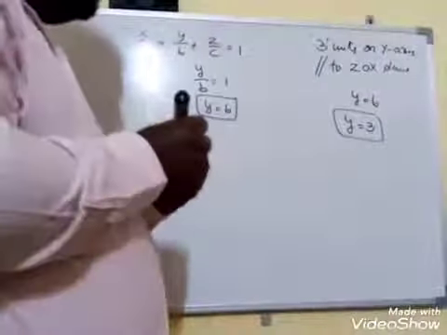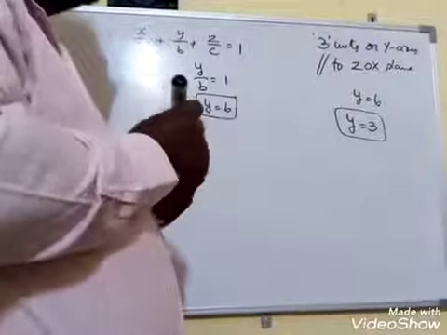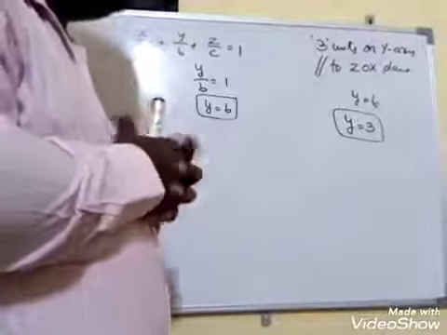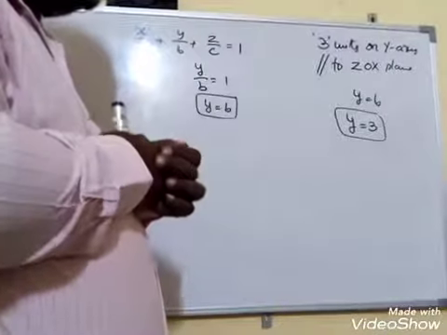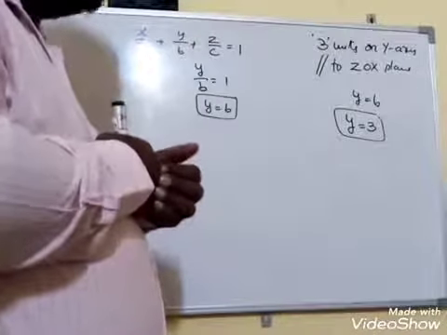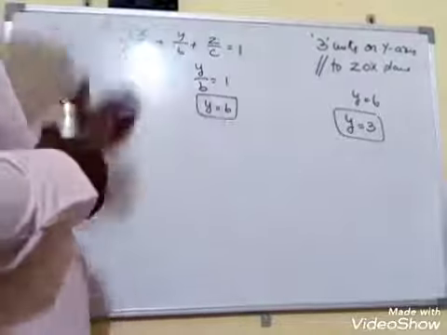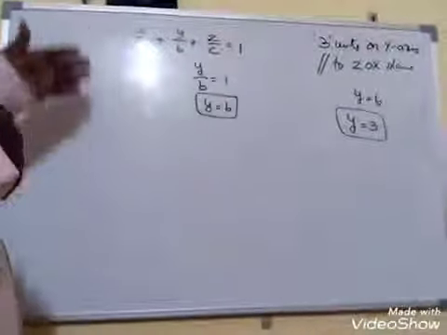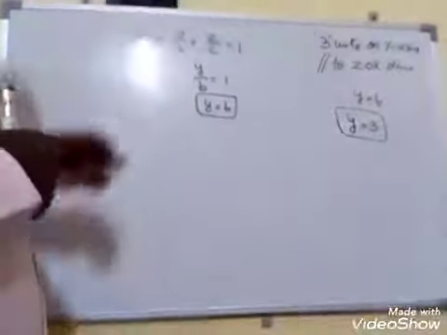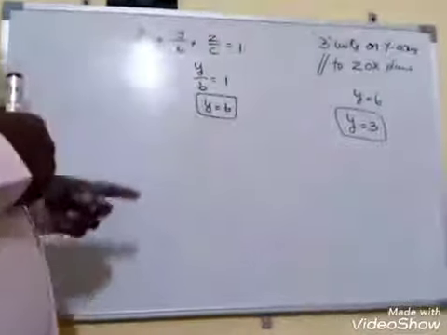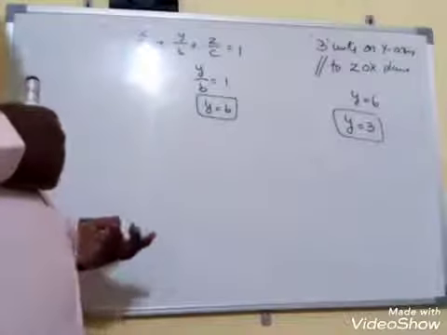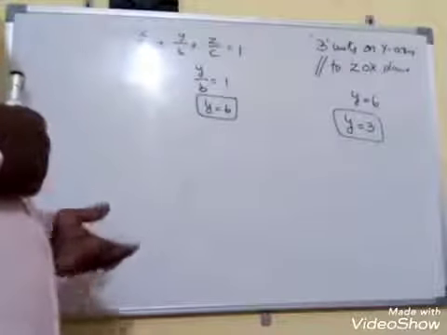Observe there. Here, what they asked: the equation of the plane which makes an intercept of 3 units on the y-axis and parallel to the ZOX plane. That means the intercept form of the plane is x by a plus y by b plus z by c is equal to 1. Now it is parallel to the ZOX plane. ZOX plane means it does not meet the z-axis as well as the x-axis.